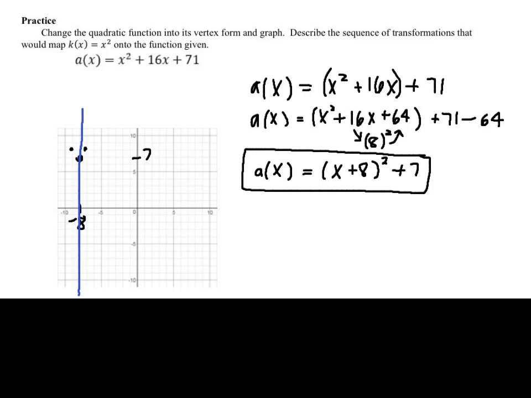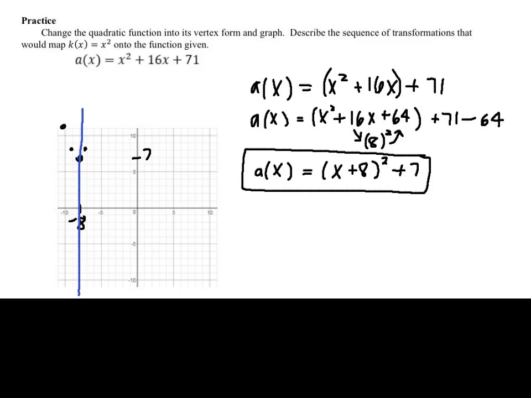So this is a difference of 1, which means that since the a value is 1, common second difference would be 2. So my next point would be plus 3.